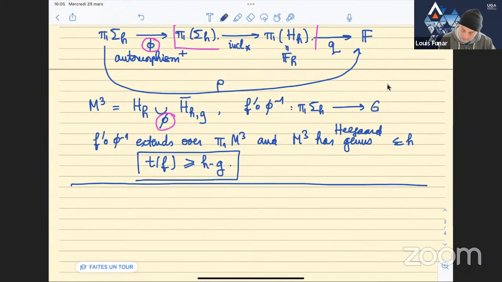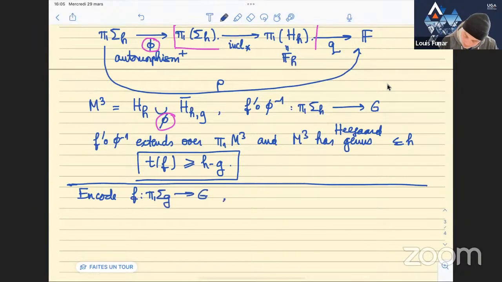Now let me try to express this in purely algebraic terms, and to do that, I'm adding some more algebraic definitions. How to encode such a homomorphism F from pi 1 of sigma G into a group G? By taking alpha i, beta i, this generator system, let's say standard, but never mind, generator system.